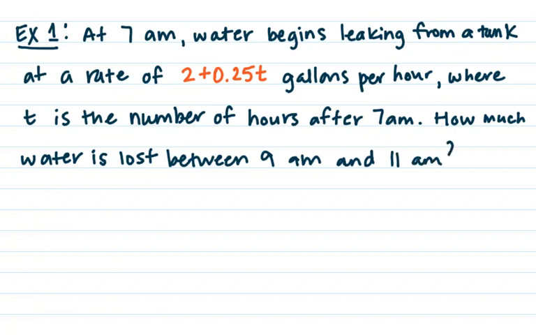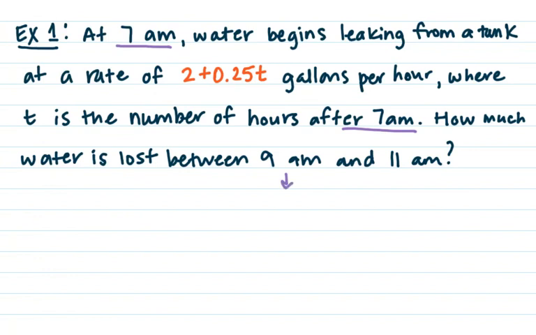All right, here we go. It's really not a new process. It's just problems in context that are specifically dealing with rates. The first thing we have to decode are the timestamps. It starts at 7 a.m., and we're looking at the water loss between 9 and 11.